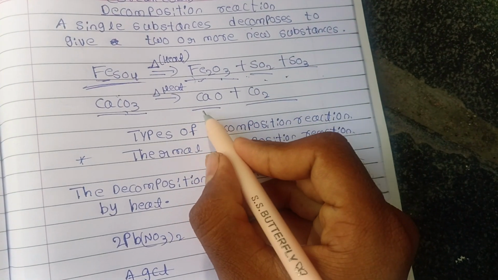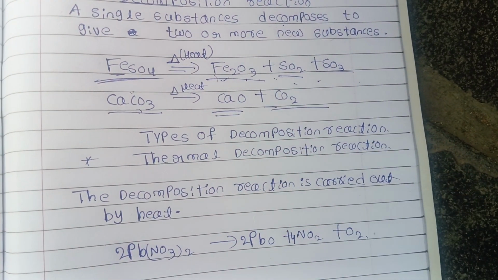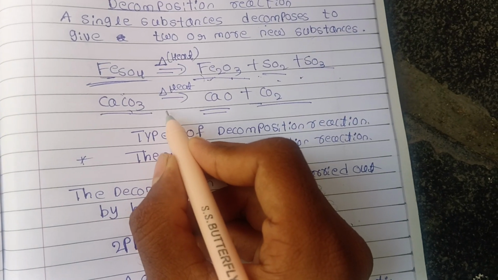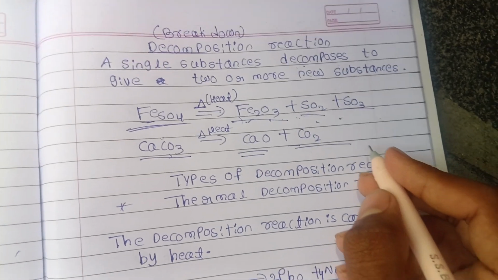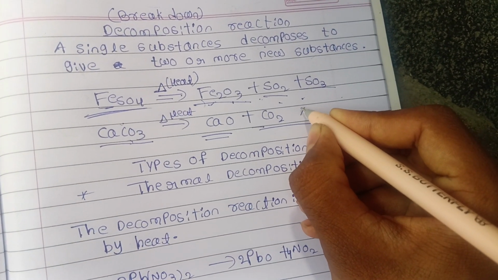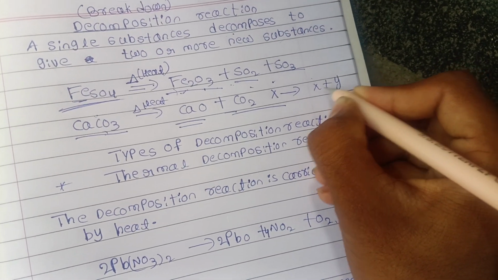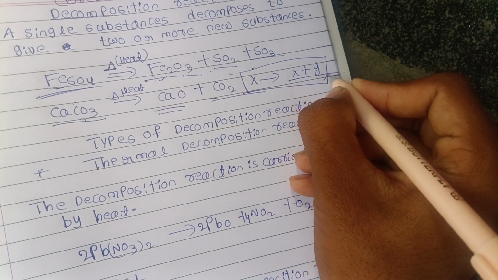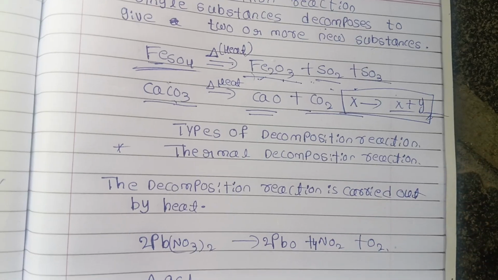Also here, calcium oxide and carbon dioxide are the products when calcium carbonate is heated. So the best way to remember is that a single reactant breaks down to form two or more products. It is a notation, an indication of the way to remember.